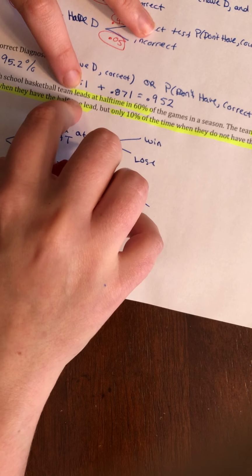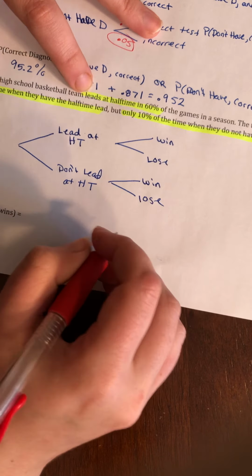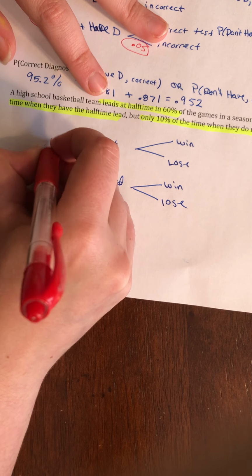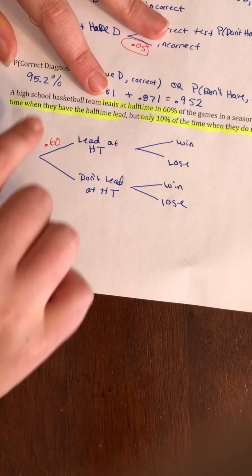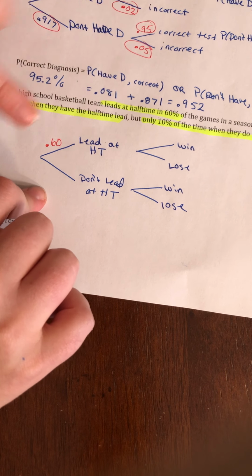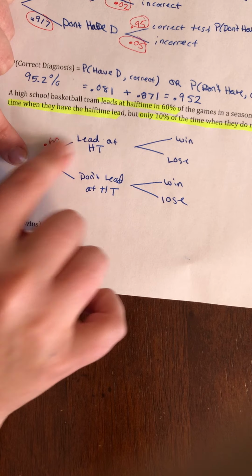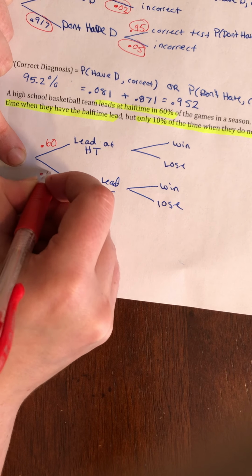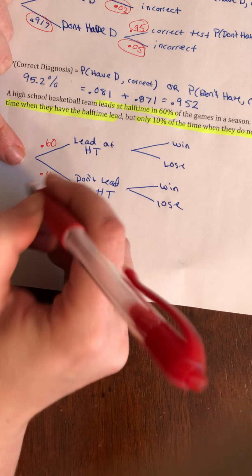So, the team leads at halftime 60% of their games. Now, up and down should add to 1. Each split should add to 1. So that means they don't lead 40%. Okay?